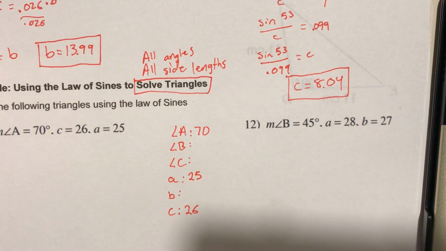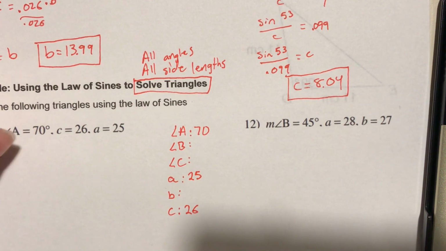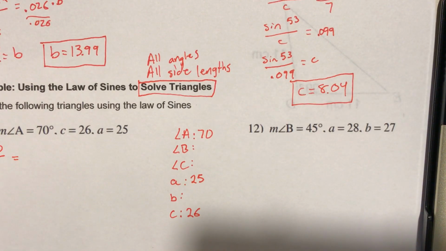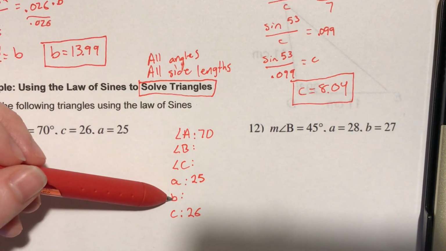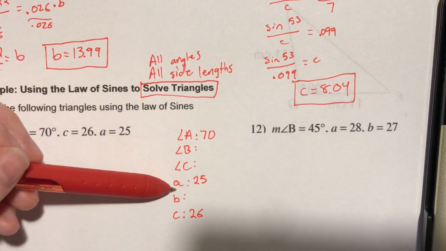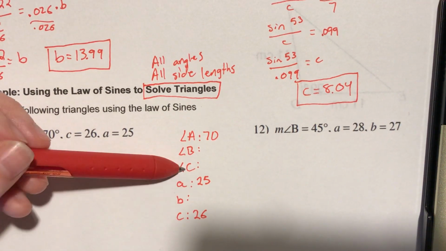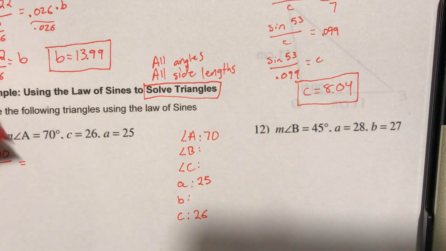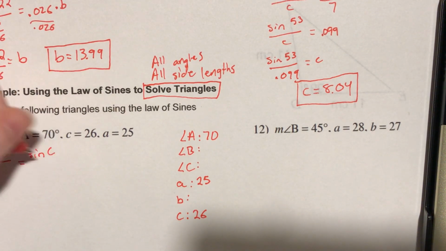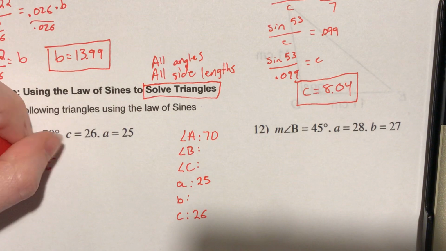I can say that the sine of 70 over 25 is equal to either the sine of B over B, but we don't have either piece of information there, or the sine of C over C. That can help us to figure out what angle C is. So we'll call this sine of C over 26.